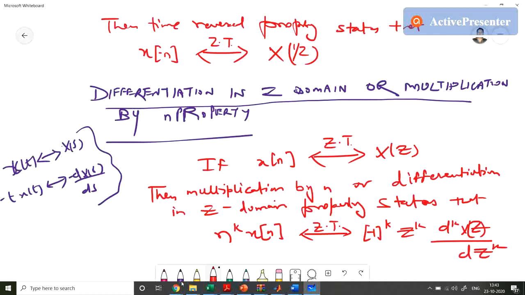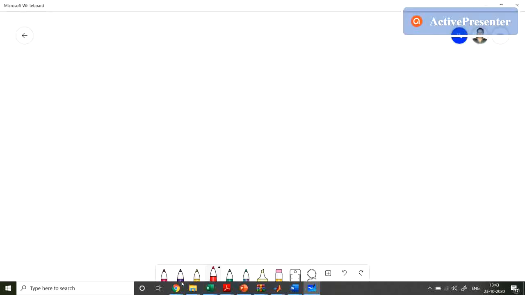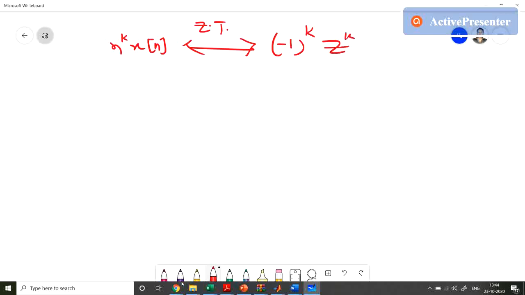Here we have taken the k-th derivative of X(z) with respect to z.